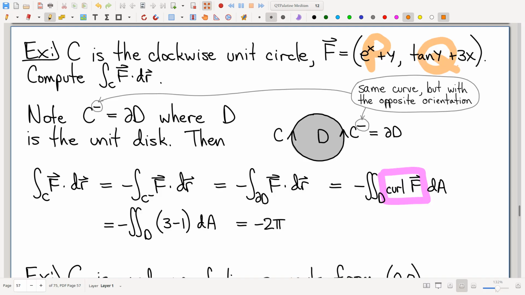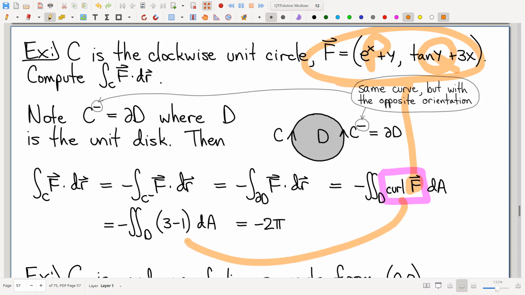So dq dx minus dp dy, we're going to take this vector field F. And we get this calculation here because dq dx is 3. dp dy is 1. So 3 minus 1.